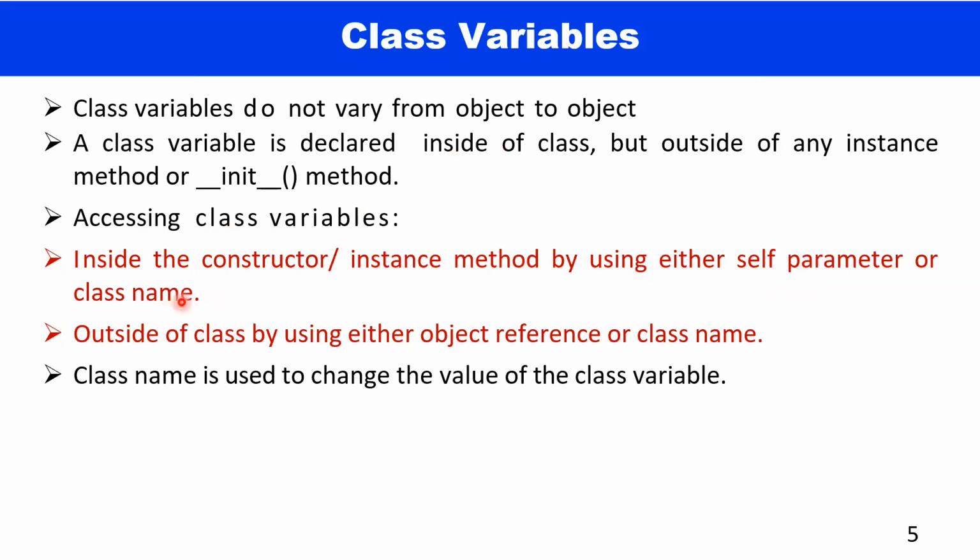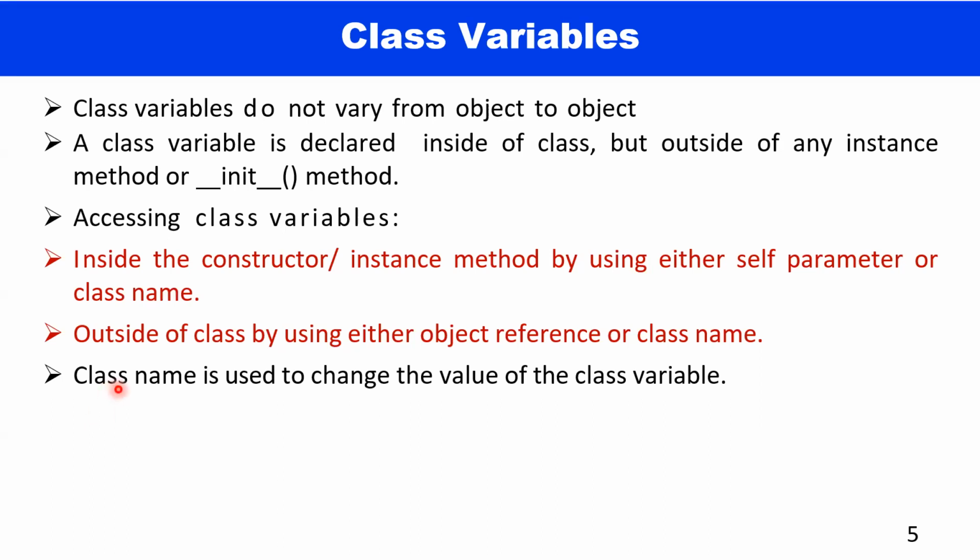On the other hand, if we want to access the class variable outside the class, then we can use either the object reference or the class name. Always it is desirable to use only the class name when we are accessing the class variable.